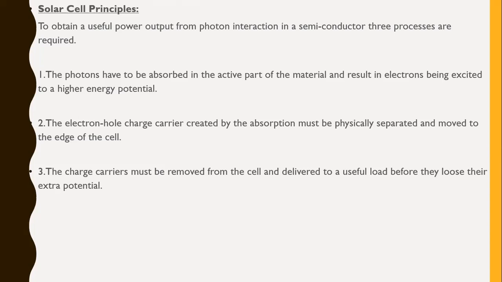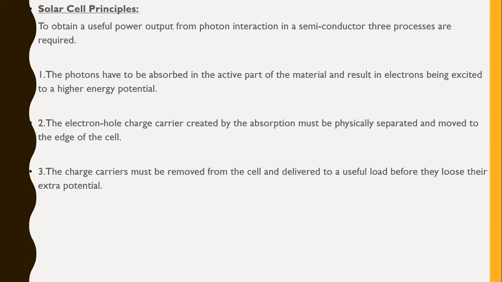The materials having different properties are brought into contact, and because of this contact there will be a junction formed between these two materials. So this junction of materials has different electrical properties.